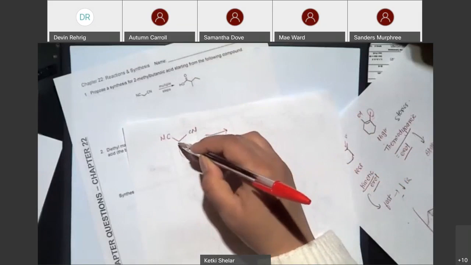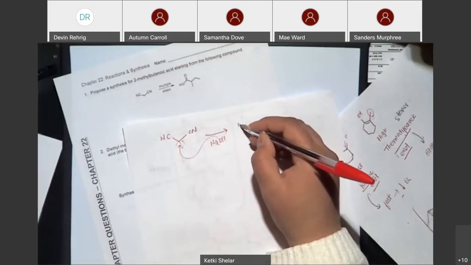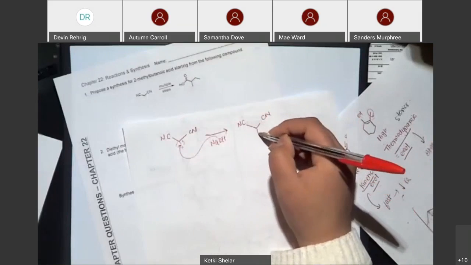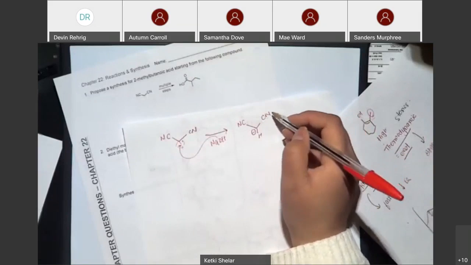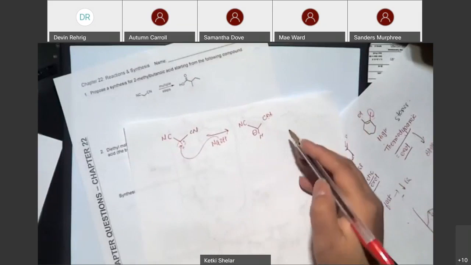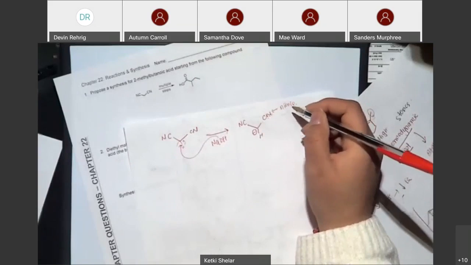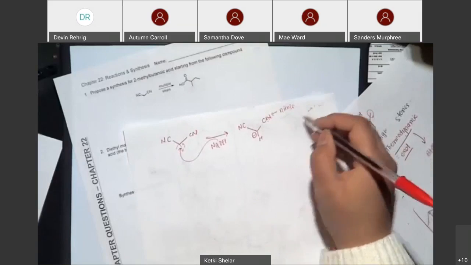It will take off hydrogen from here, and it will form NC. This is known as nitrile, and when you have NC, it is isonitrile.